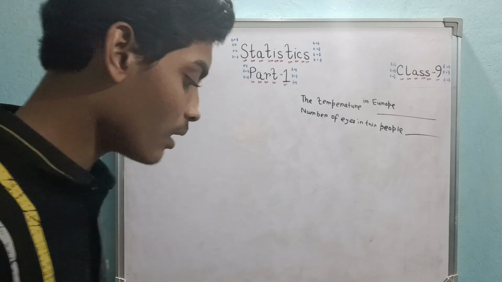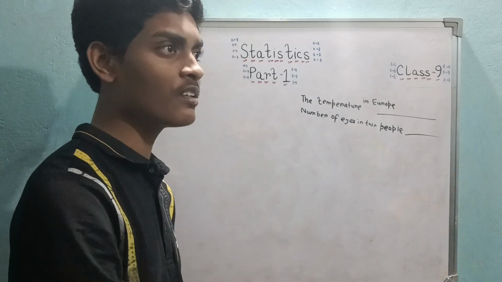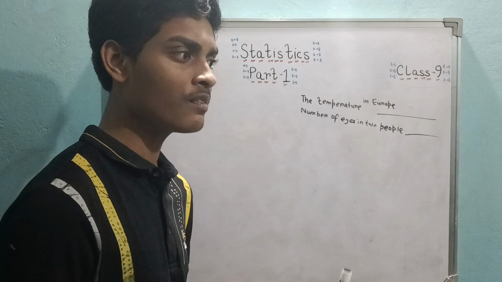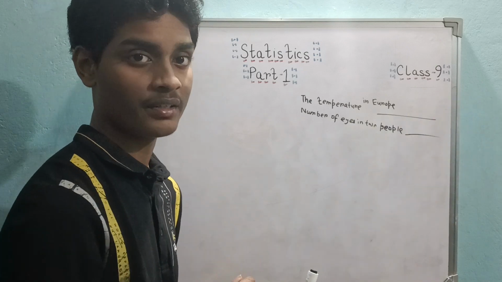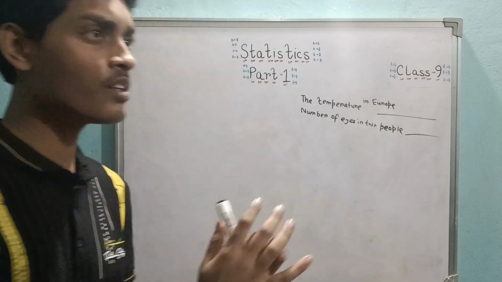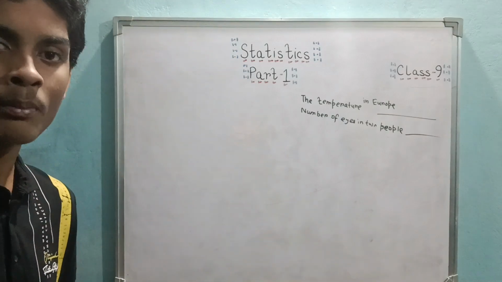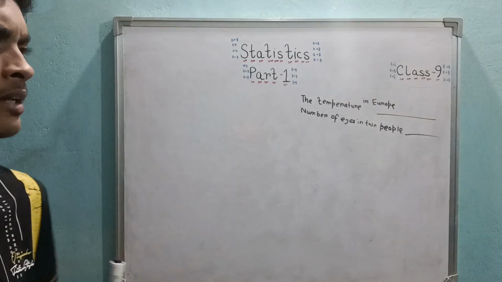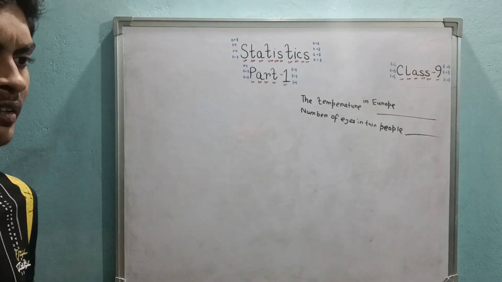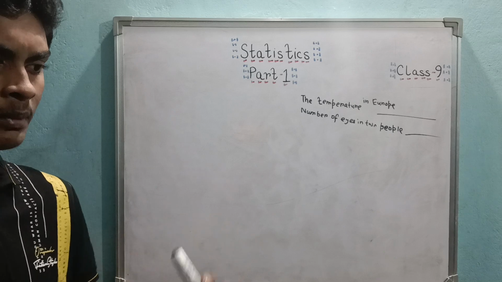Absolutely, a type of data which keeps continuously changing and which can't be directly counted. See, a continuous data you can't count at one moment and say what it is. It continuously either keeps decreasing or increasing or does both at some level.